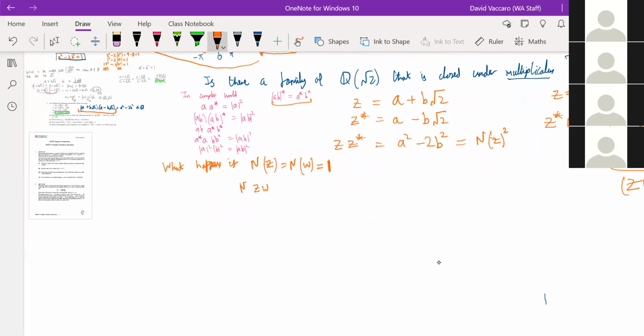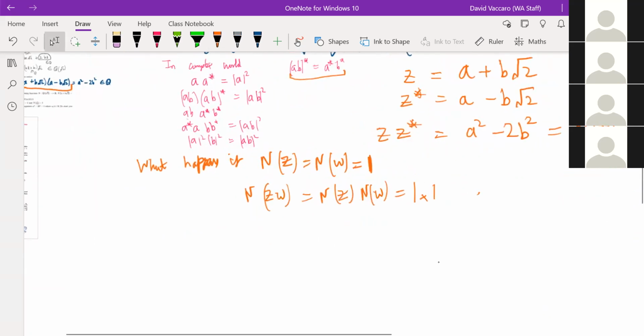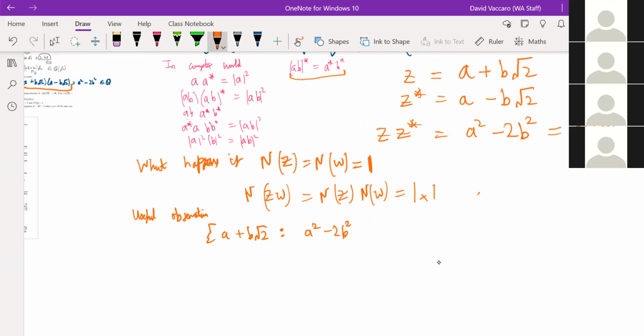Then n of zw equals n of z times n of w, which is 1 times 1. So n of zw is equal to 1. So we've got this important observation. The set of a plus b root 2 such that a squared minus 2b squared is equal to 1 is closed under multiplication.